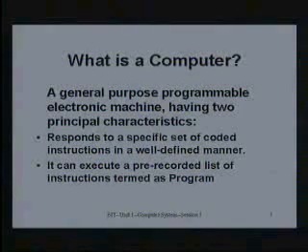Number two, it can execute a pre-recorded list of instructions which are also called a program, and you will be hearing this term very often: program, which is basically a coded set of instructions, maybe in a high level language, and for the basic von Neumann architecture context it is the low level language context of the computer.